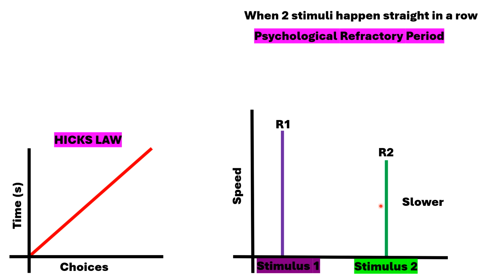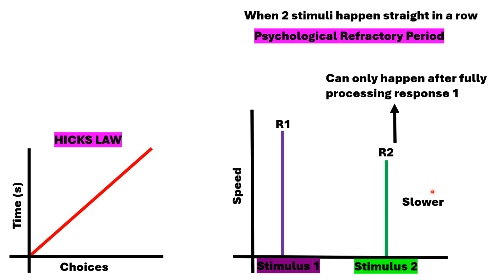We'll see that the second stimulus has a slower response, less speed. And this is because response 2 can only happen after you fully process response 1. And so this gap right here is because before response 2 can happen, you're still responding to stimulus 1, if that makes sense.